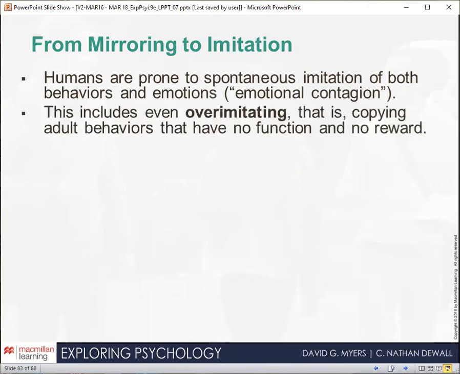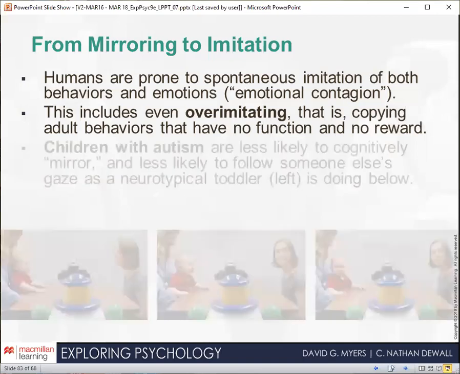This includes even over-imitating, that is, copying adult behaviors that have no function and no reward. We just do it over and over again. This is where kids may see a behavior and imitate that behavior, and they do it and they do it. The act of imitating the behavior in and of itself may be reinforcing and rewarding to them.